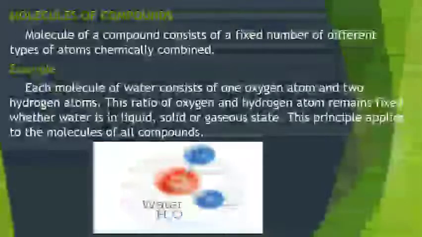This ratio of oxygen and hydrogen atoms remains fixed. So, we cannot change the ratio in which the compound forms. Every compound forms in a certain ratio. If we change that ratio, the compound no longer exists, it will be some other compound.